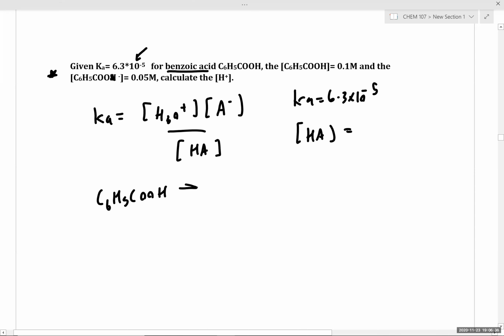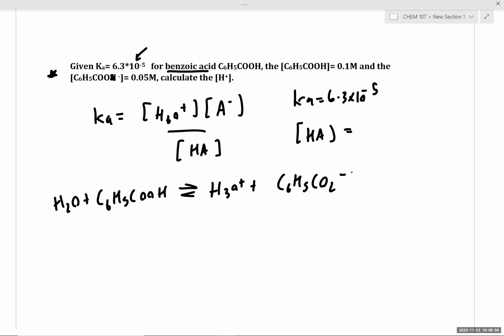We have benzoic acid in equilibrium with H3O plus and C6H5CO2 minus. So what's our parent acid in this problem? Yes, exactly right. Our parent acid in this case would be benzoic acid.